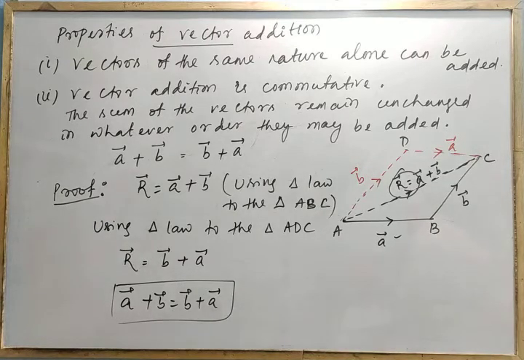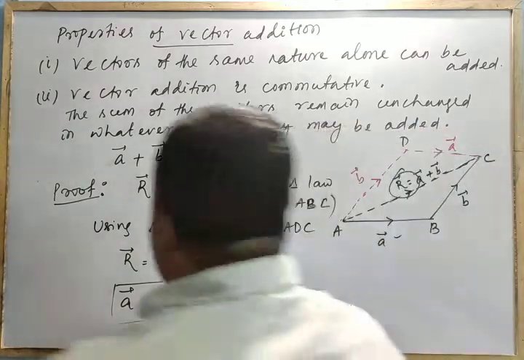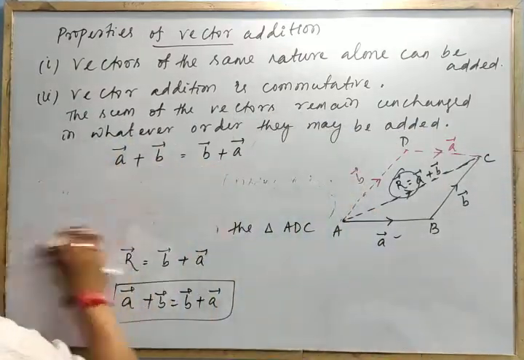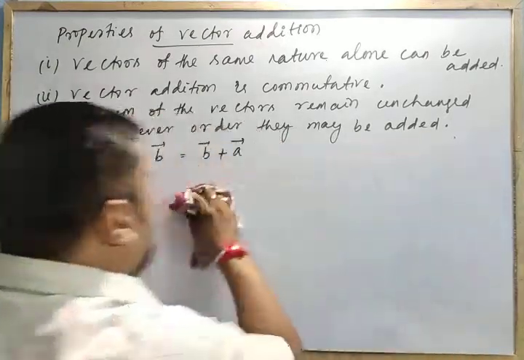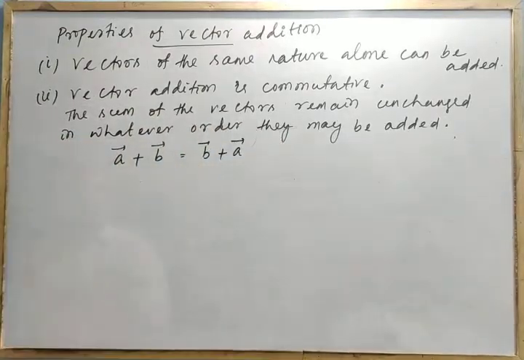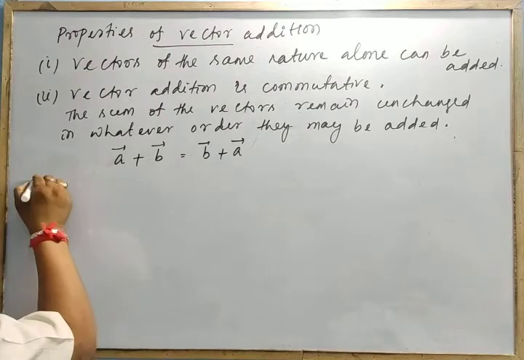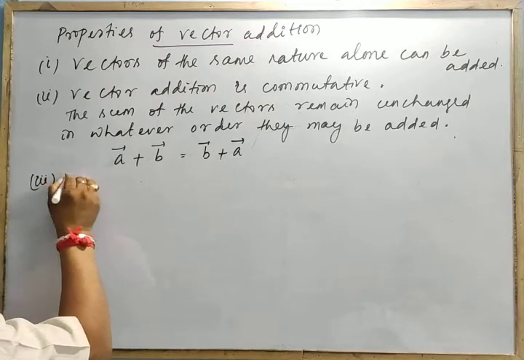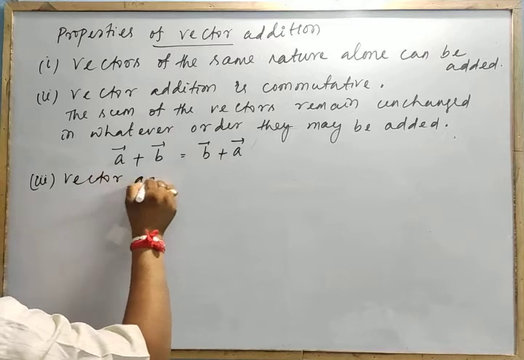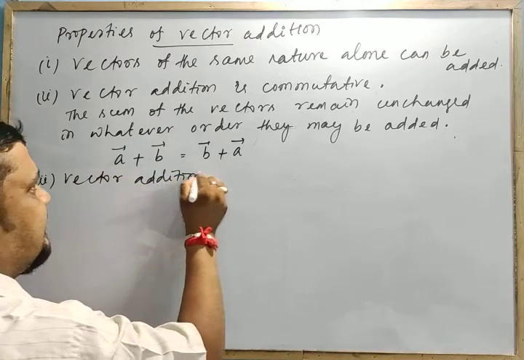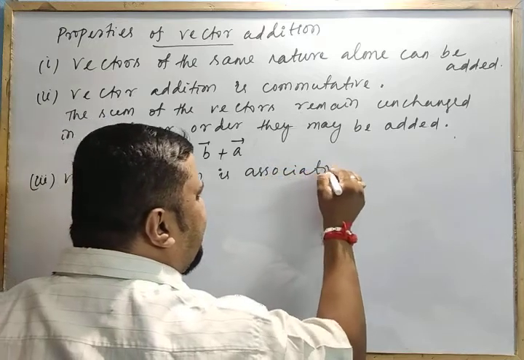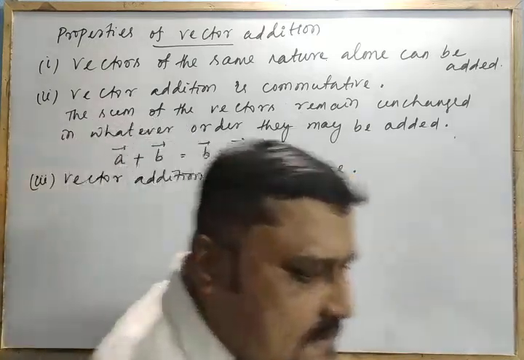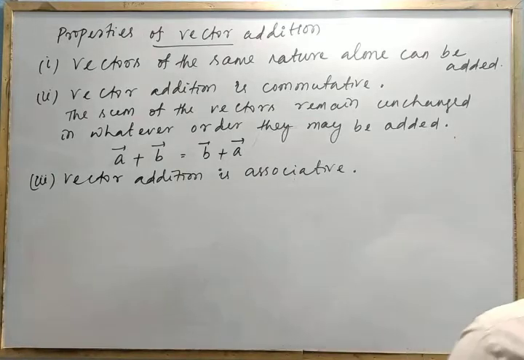Now we will go for the next, the third one. Let me erase this proof part. The third one: vector addition is associative. What does associative mean? Like commutative, associative is the same kind of thing.